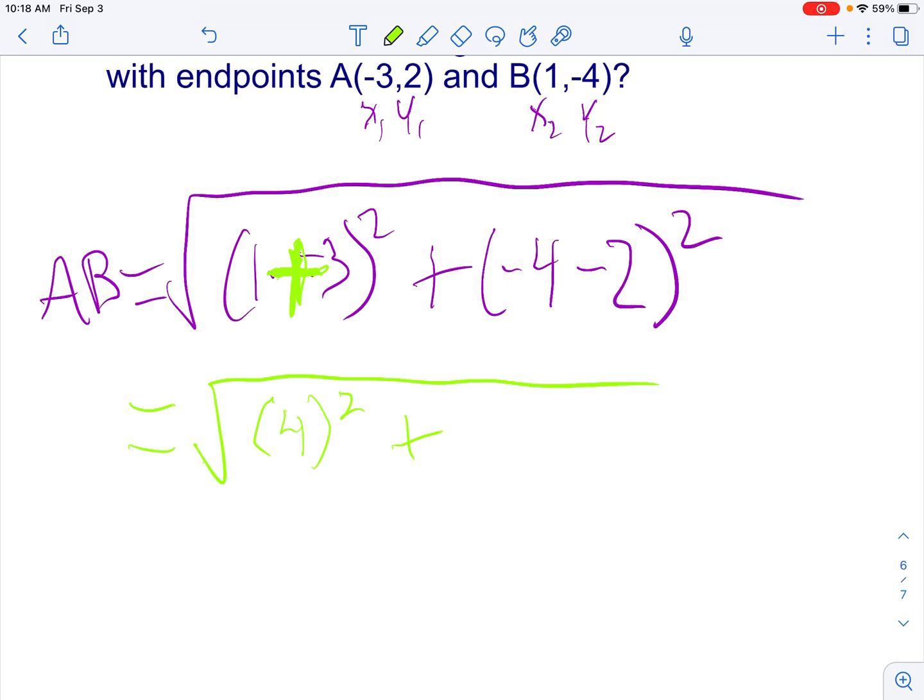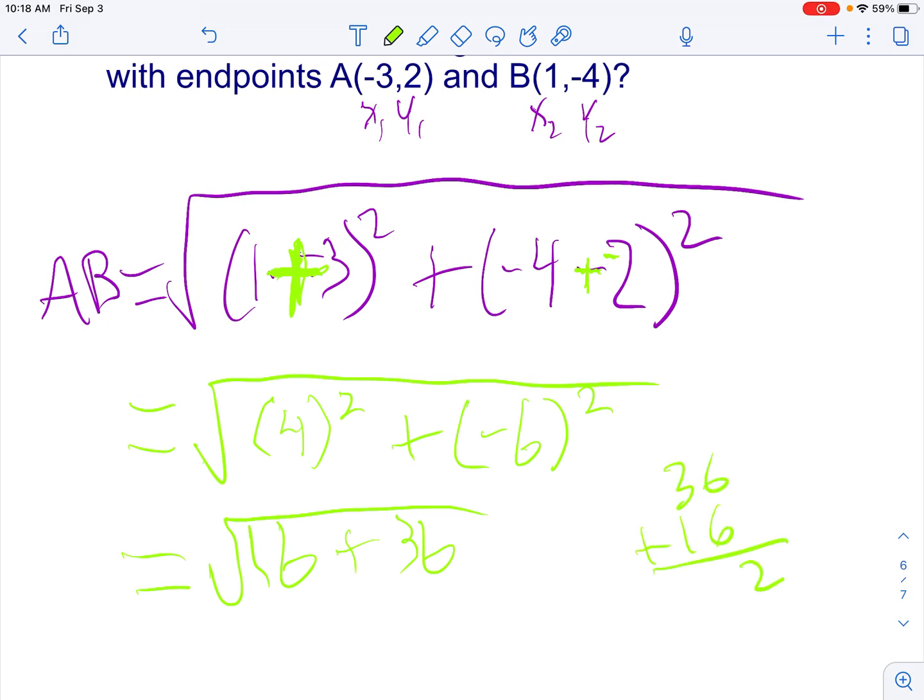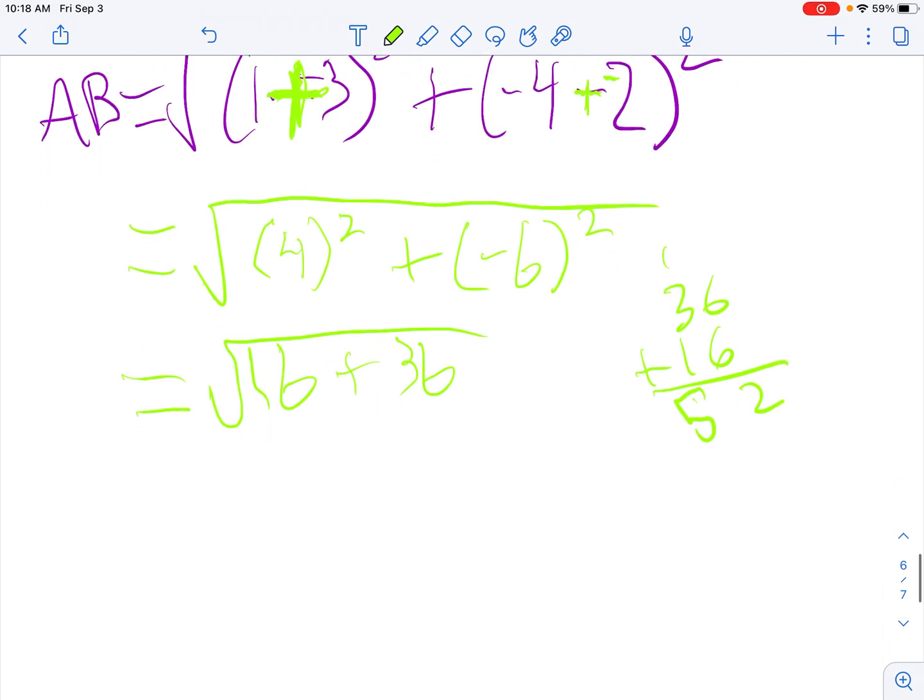Plus negative 4 subtract 2. Again, negative 4 take away 2 is like adding the opposite. So negative 4 plus negative 2 is negative 6 squared. So let's simplify. 4 squared is 16 plus negative 6 squared. Negative 6 times negative 6 is positive 36. 36 plus 16 is 52.